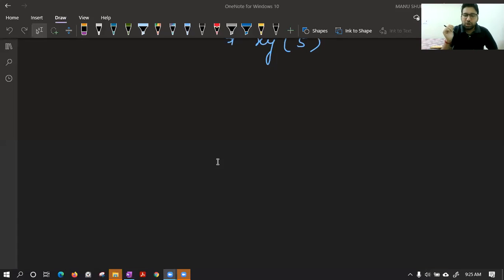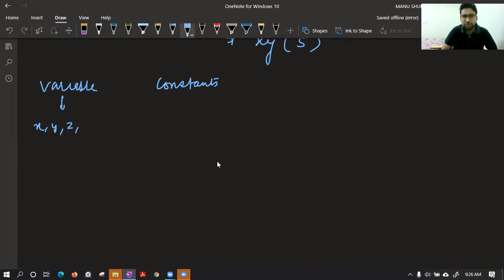Okay. Now see, in the last class we have discussed about variables and constants. First of all, we got to know that variables are like alphabet that we have seen: x, y, z, w, p, q, r. You can take any of that. And constants are like this: 1, 2, 3, 4, 5.